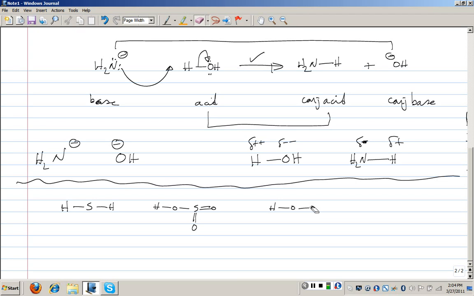Crikey, H2SO4. So this is H2S, hydrogen sulfide, H2SO3, sulfurous acid, and H2SO4, sulfuric acid. And I'm asking which of these is the strongest acid, or to rank these in terms of increasing Ka values.